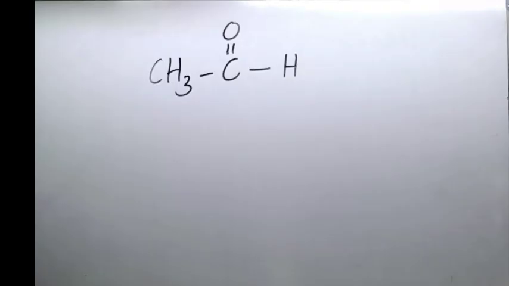Now we go to this example. This is an aldehyde. Now here we have to identify the acidic protons and we have to use the alpha proton concept. Alpha protons are the protons connected to the carbon atom which is attached to the functional group.